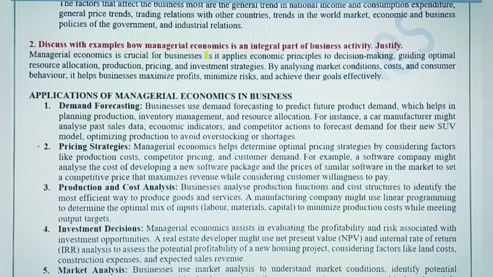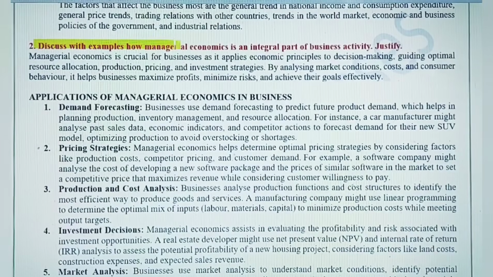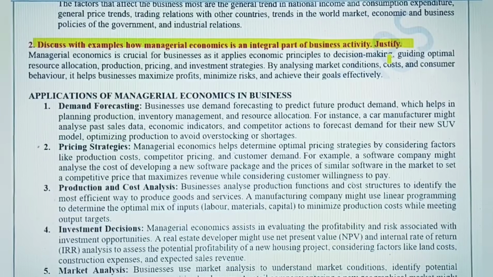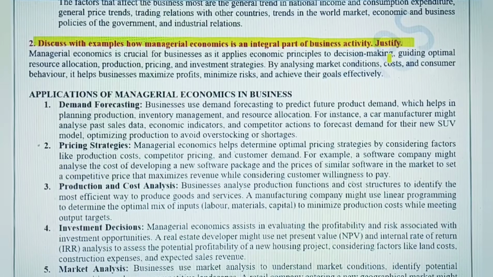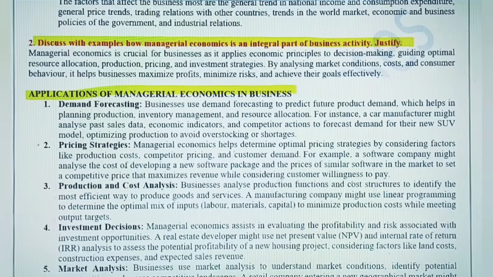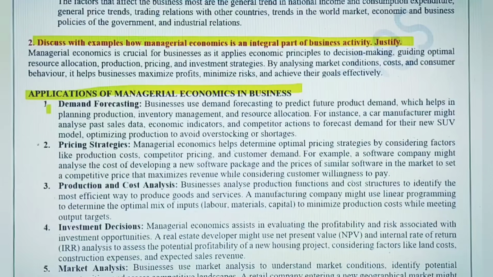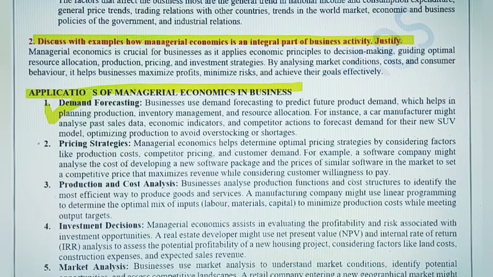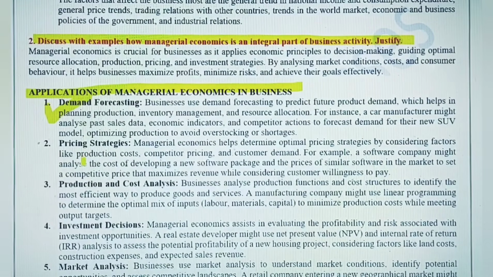Fine, let's move on to the second question. Discuss with example how managerial economics is an integral part of business activity. Justify. So you need to write the applications of managerial economics in various business processes, like the first and foremost, that is demand forecasting. This is one of the very important uses of managerial economics.